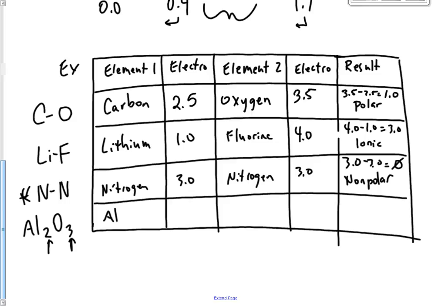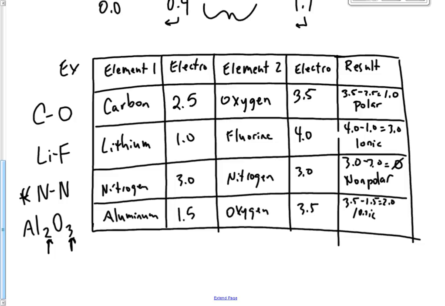So element number 1 is aluminum, and again, it doesn't really matter which one is first because you're just going to take the bigger number, subtract the littler number, and move forward. So aluminum is a 1.5, and then oxygen is a 3.5. So 3.5 minus 1.5 equals 2.0. So that is ionic. Okay, that's all you have to do. Again, the subscripts do not matter. All you're looking for is the individual bond.